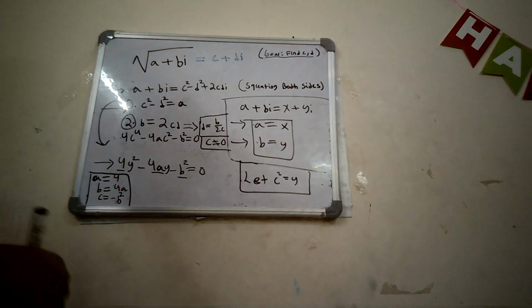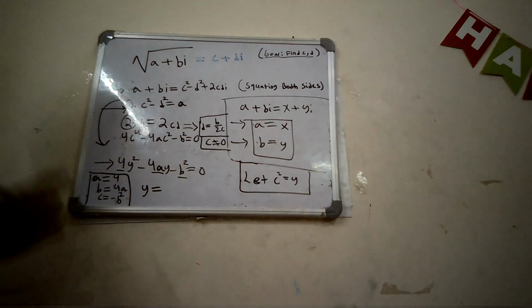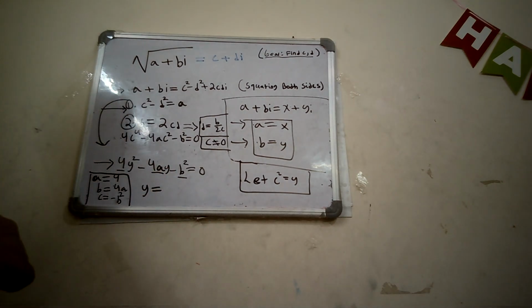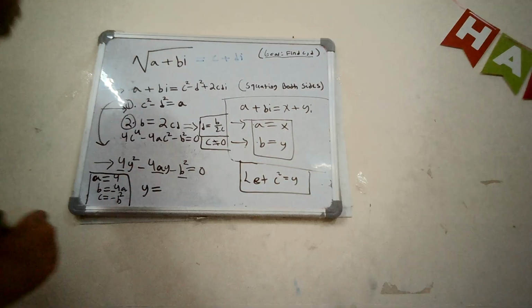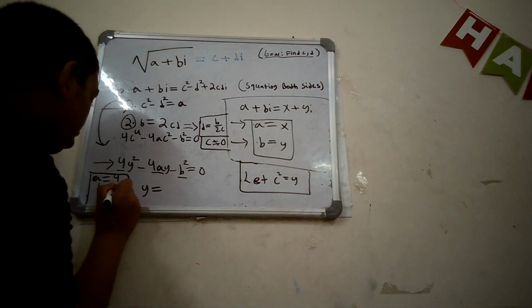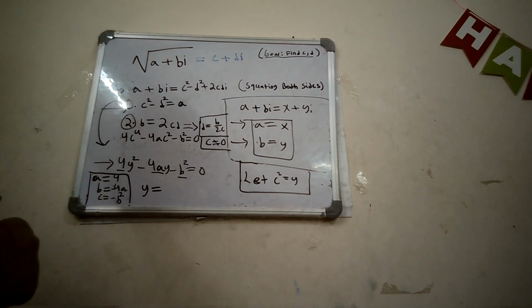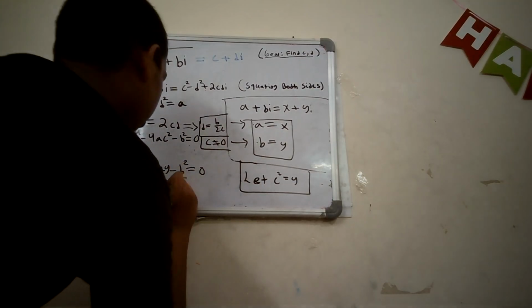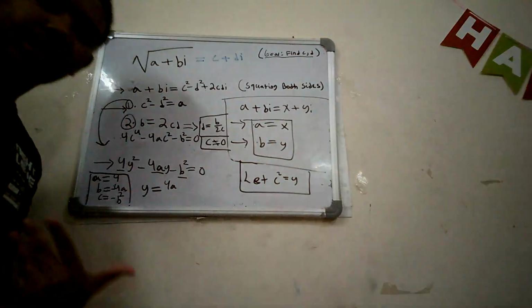Now we can simply use the quadratic formula to find y. One more thing: b is equal to negative 4a. If b is negative 4a, then negative b will be positive 4a. So the formula is negative b plus or minus the square root of b squared minus 4ac, upon 2a.